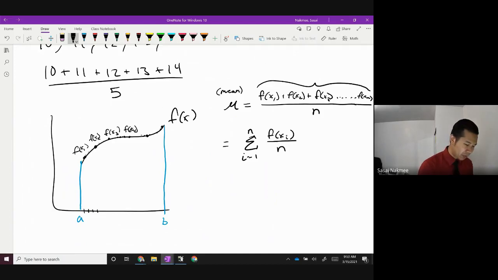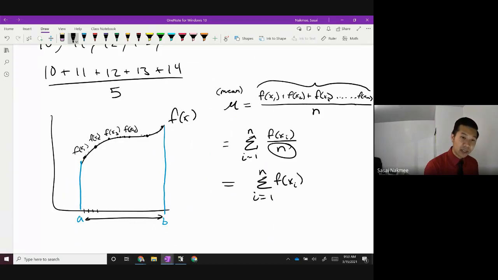Remember, the number of rectangles we have is the width all the way across divided by how far it is from here to here. So I'm going to replace this and rewrite it as the summation as i goes from 1 to n of f of x sub i times delta x, divided by b minus a. I'm replacing this n right here with this.